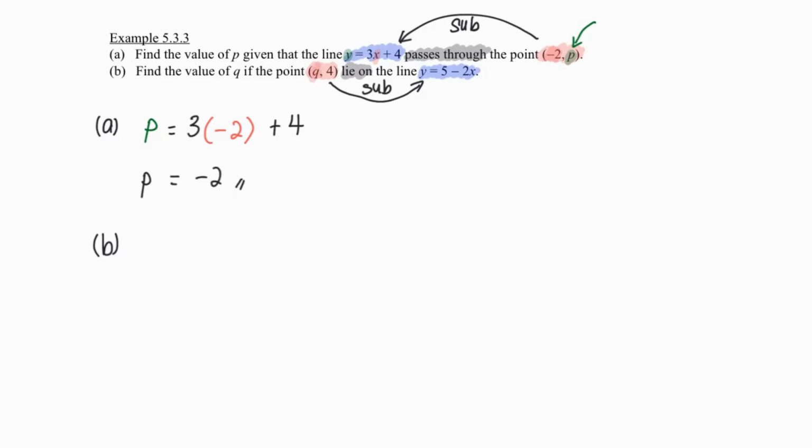X is q, y is 4, and part B. Notice that 5 minus 2q.